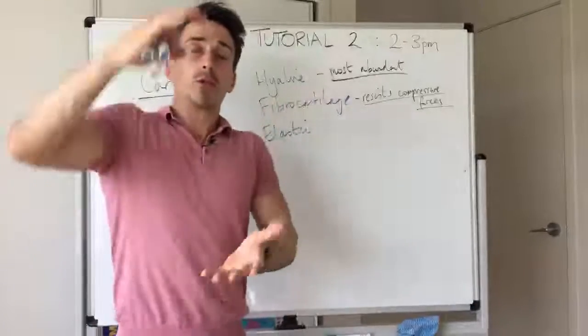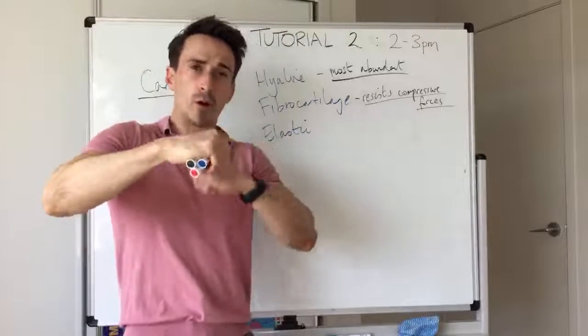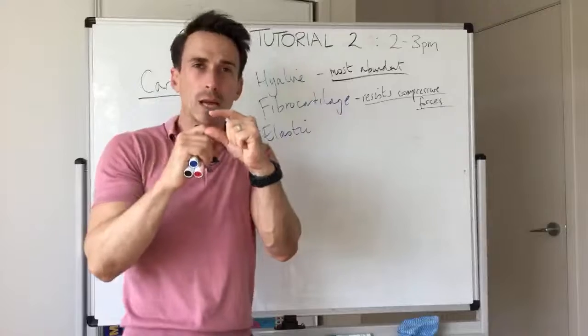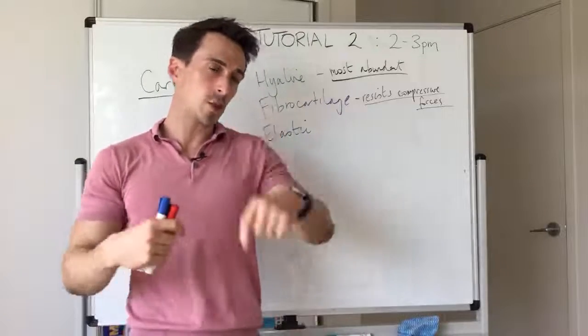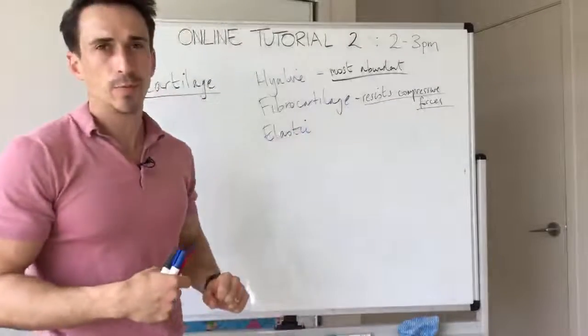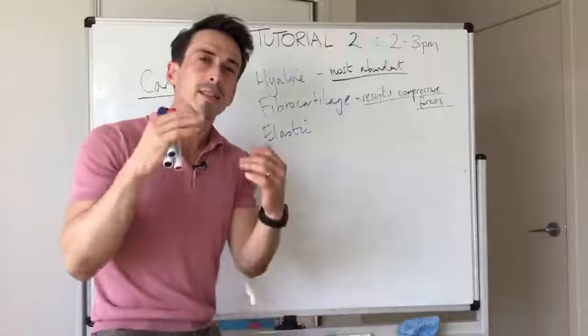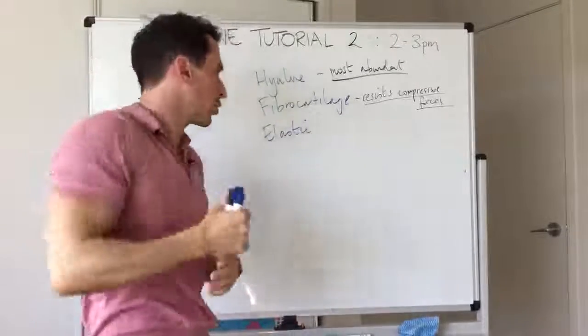Obviously, standing upright puts a lot of compressive force through your vertebral column. If it was just bone on bone on bone, there would be a lot of back issues. So you have cartilage in between, and this is fibrocartilage, which we call our intervertebral discs. They resist compressive forces. You also have a little bit of fibrocartilage at your knee because there are some parts where there's going to be direct impact, not just articulating surfaces.